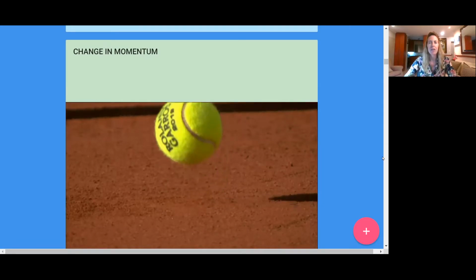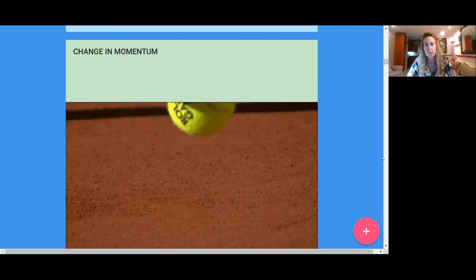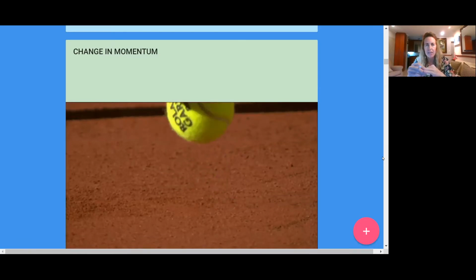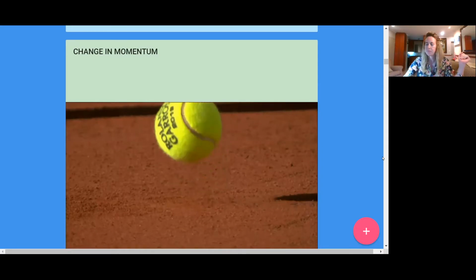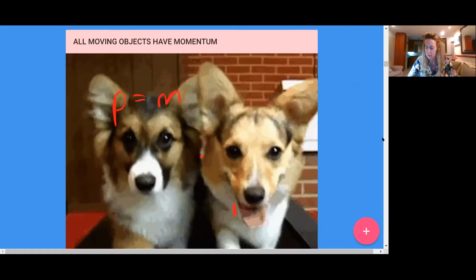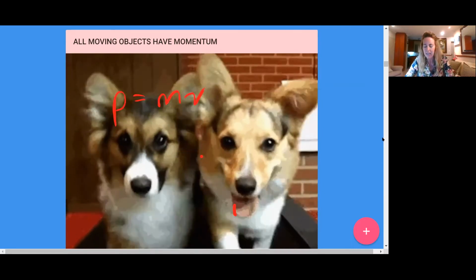This lesson, we continue with momentum and we will look at two concepts, namely change of momentum and the vector nature of momentum. So you will recall that all moving objects always have momentum that is greater than zero because momentum is the product of an object's mass and velocity.